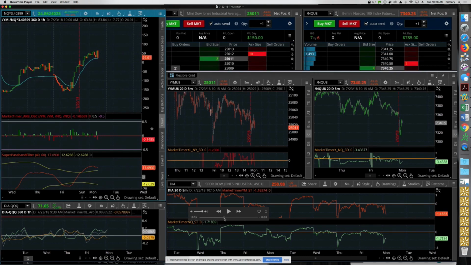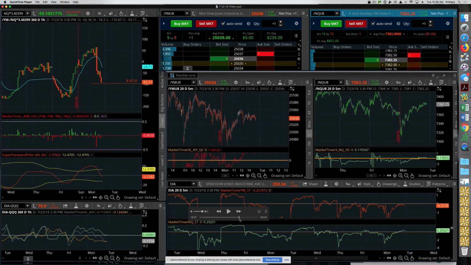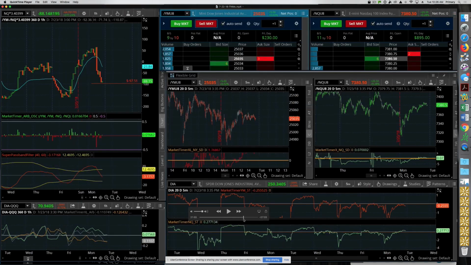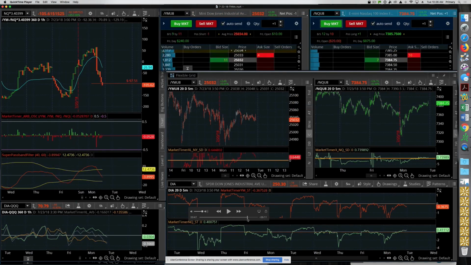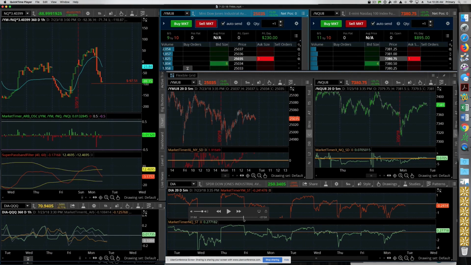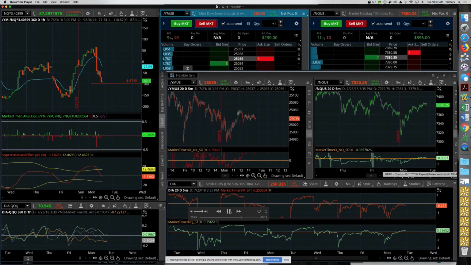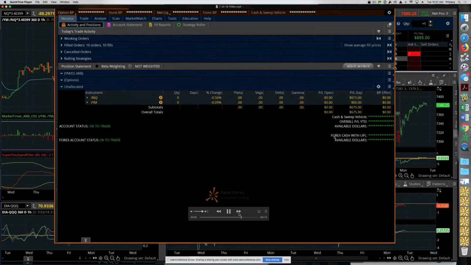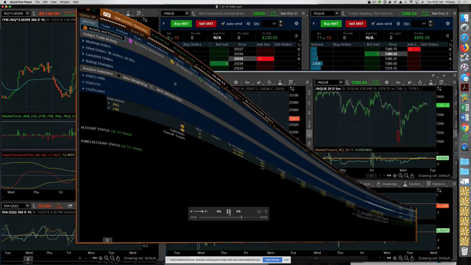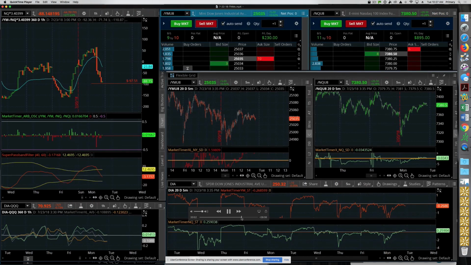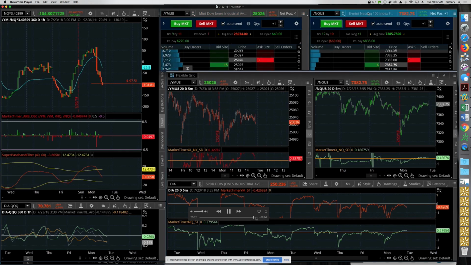I'll scroll through this really fast. Right there, I was up 11.25 for the day. Then I think I came back in and did another trade. Let me see if it's in here.